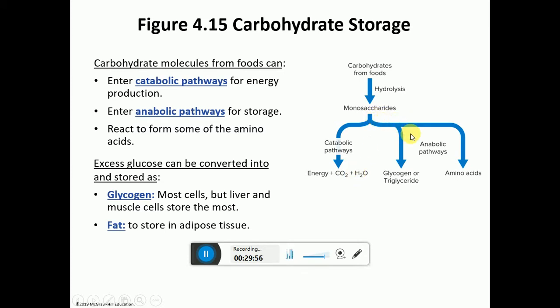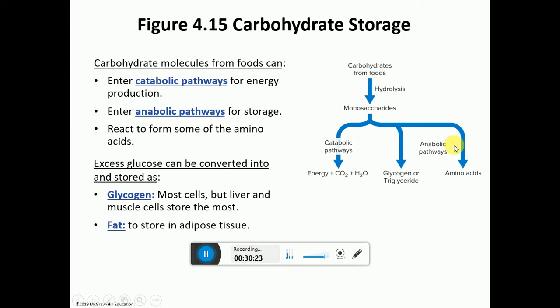Or the monosaccharides can go through anabolic pathways. We can store glucose as glycogen or triglycerides, which is basically fat. As you all know, if you eat too much carbs, that will eventually translate into an increase in the size of the fat cells. Another anabolic pathway would be to make amino acids and build up protein.